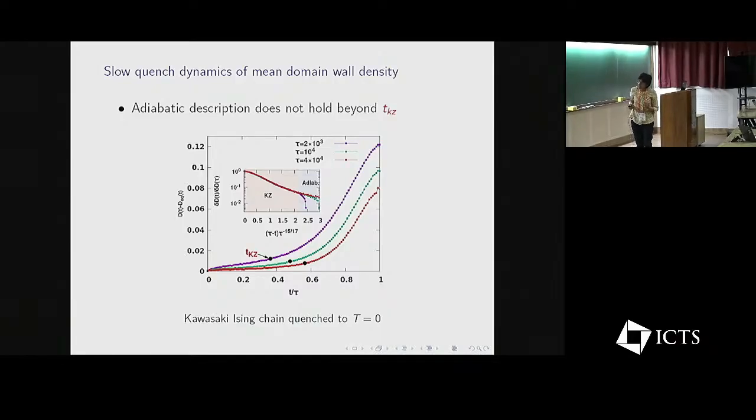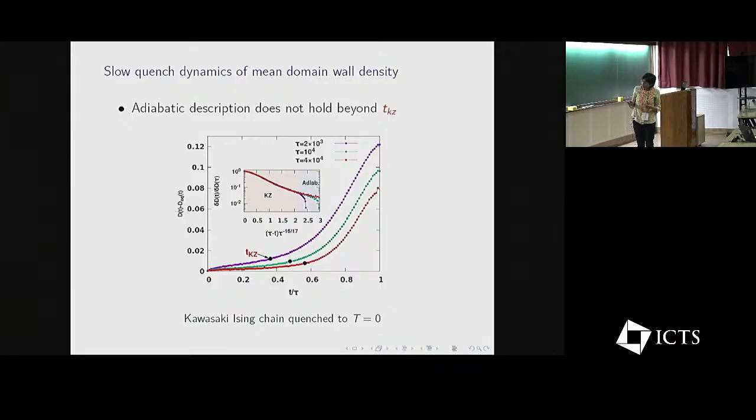What you see here is that at short times, when the system is far from the critical point, it's able to relax as the temperature changes, and therefore it's nearly equilibrated. So this excess defect density is very, very small. Look at the Y scale, the numbers.